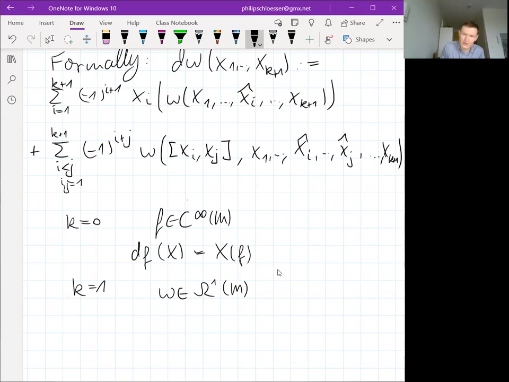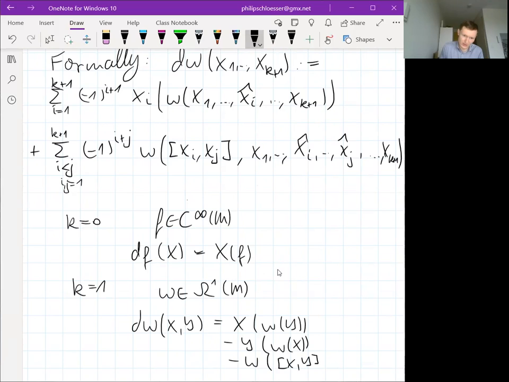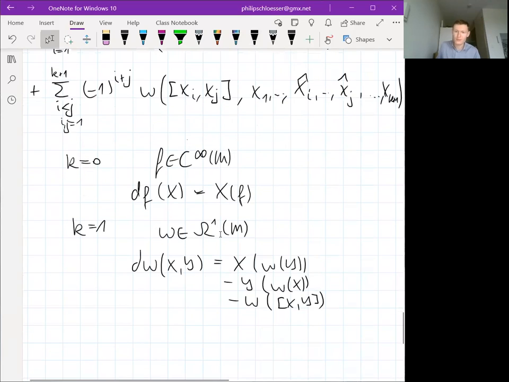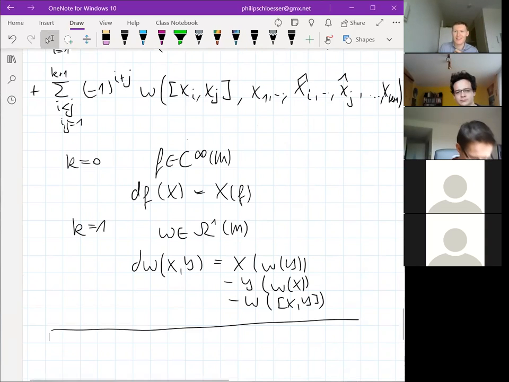So we have a 1-form, and then d omega of X and Y is X applied to omega of Y, minus Y applied to omega of X, minus omega applied to the Lie bracket of X and Y. And if you've noticed something in the notation, the fact that we called our basis elements dx_i isn't really a coincidence.